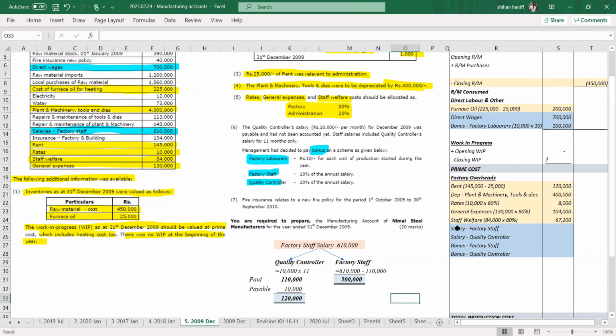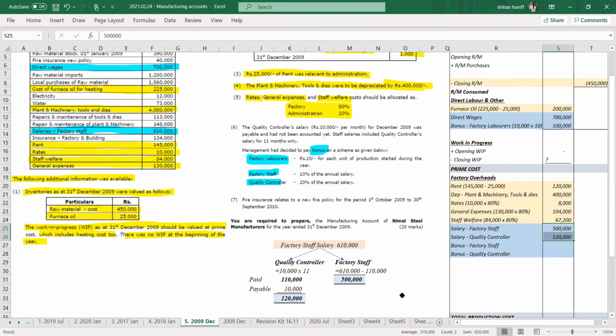So under expense, factory overheads, staff salary. Salary for factory staff is 500,000. Salary for quality controller is 120,000. Total 620. 610 plus 10,000 payable. 620. So I have divided it because I want to find out the bonus. Now we can easily calculate the bonus.